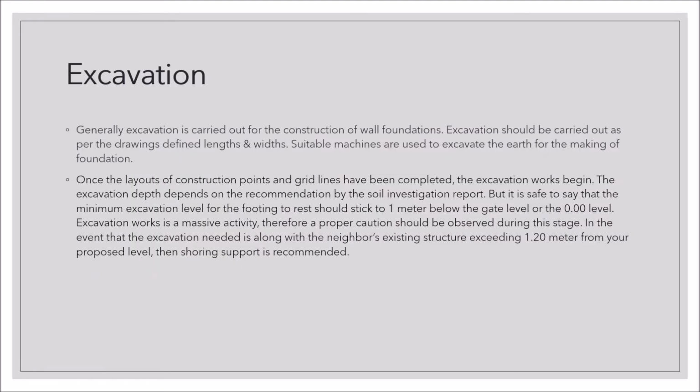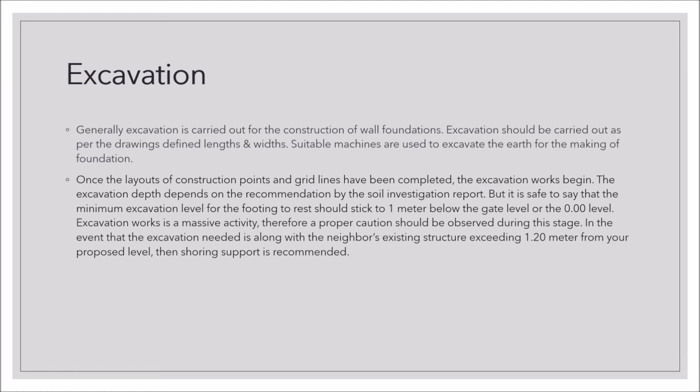And the next step is excavation. Generally, excavation is carried out for the construction of the wall foundation. Excavation should be carried out as per the drawings' defined length and width. Suitable machines are used to excavate the earth for making the foundation.